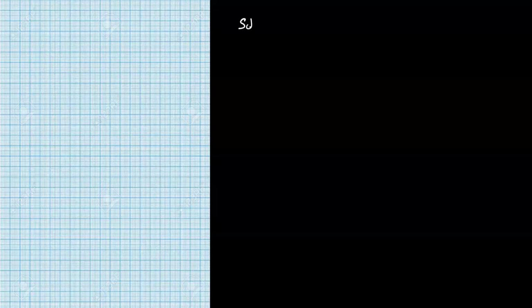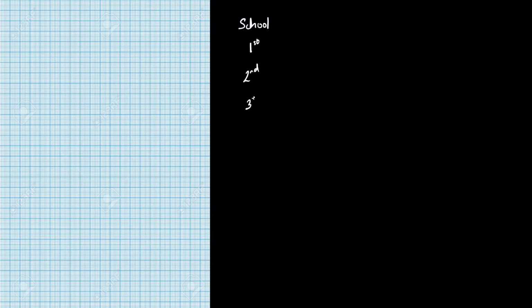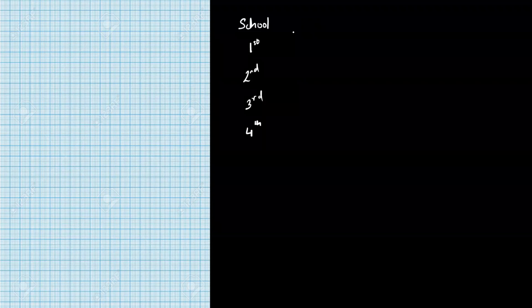There are total 4 schools, first, second, third, and fourth. And they are dividing it into 2 parts. One is inclination, that is, who want to do science and who want to do commerce.